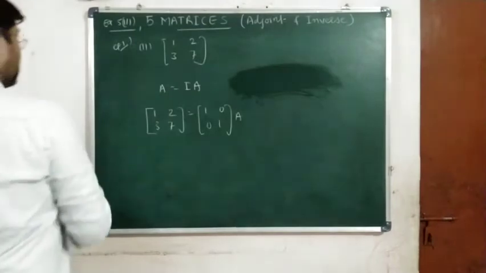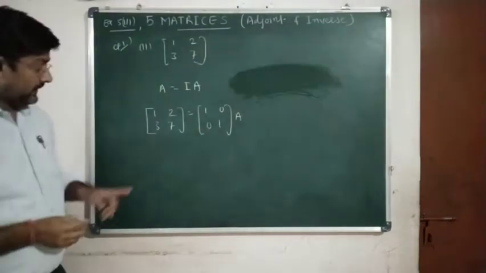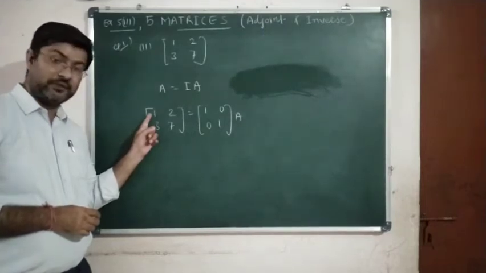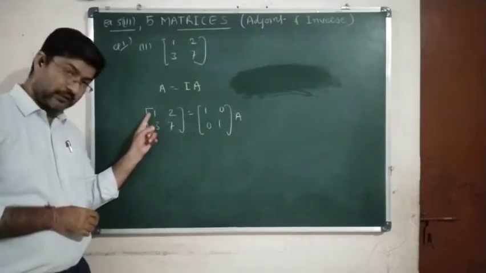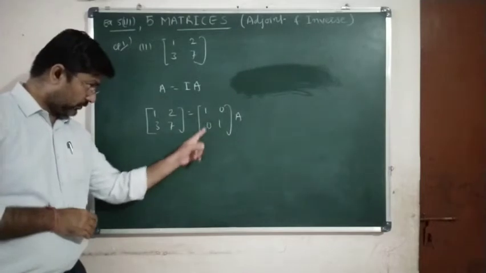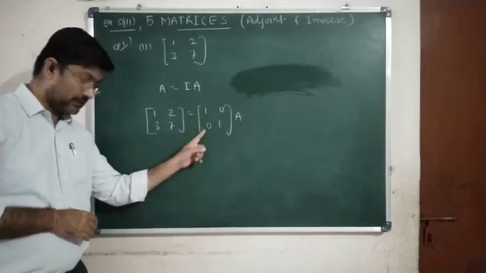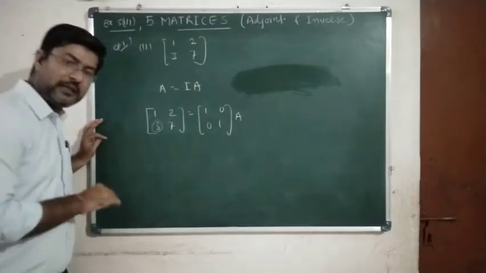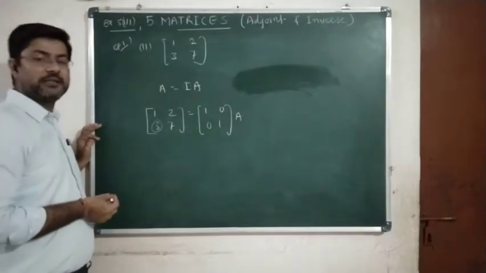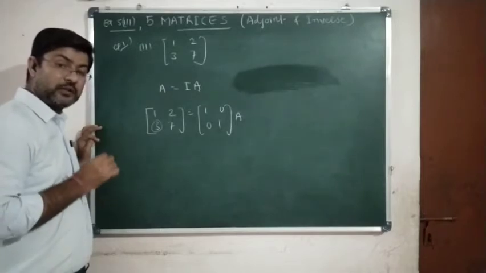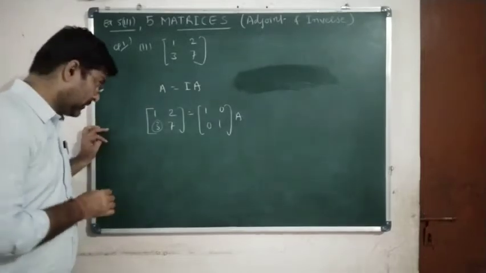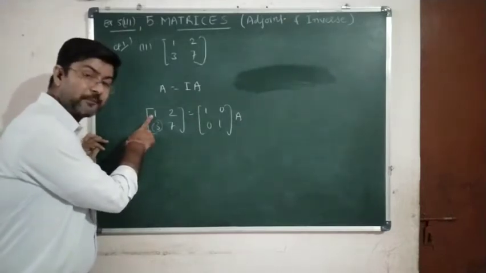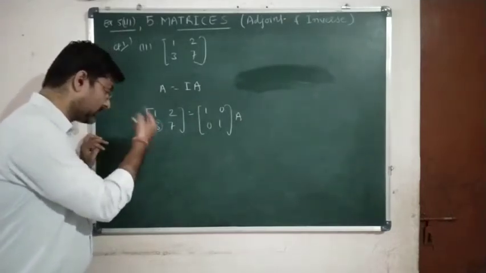Now our target is to first bring 1 in the first element A11. It is already 1. Now look at the column: 1, then 3, and here in place of 3 we will try to bring 0, and for that we will carry out the required elementary row transformation. In order to bring 0 here, we multiply the first row by 3 and subtract.